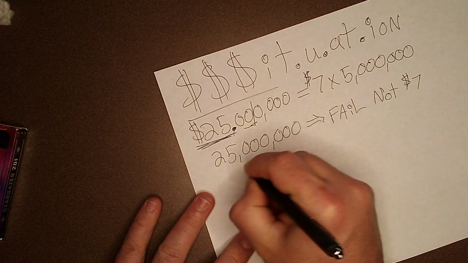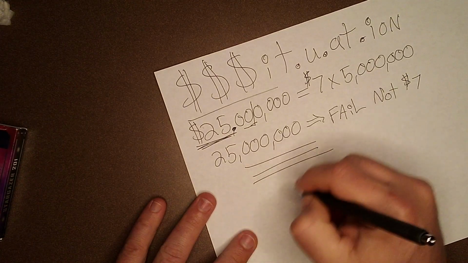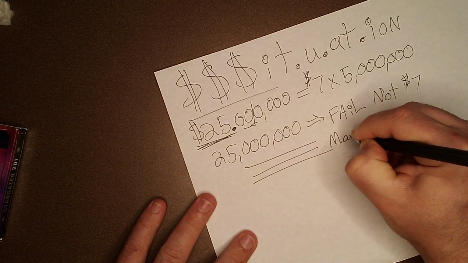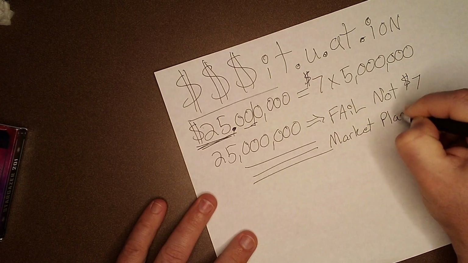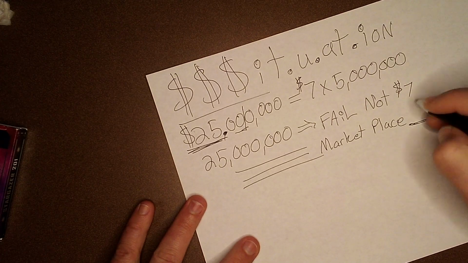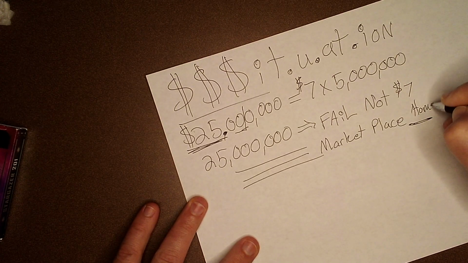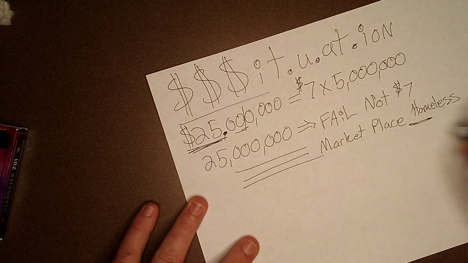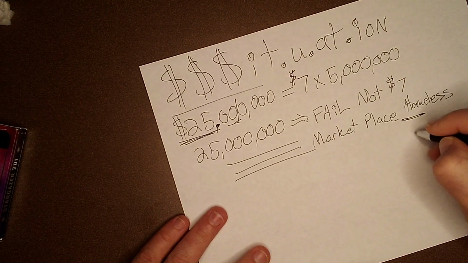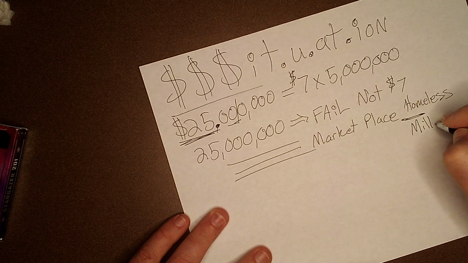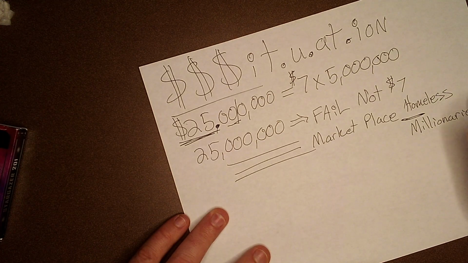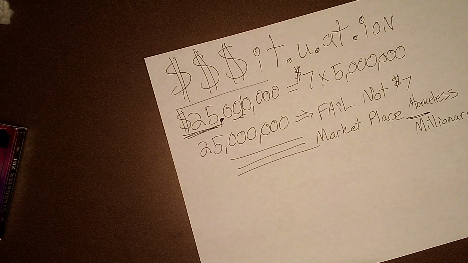All right, even though he's done the steps, he's checked the marketplace, he knows his clientele from homelessness to millionaires from my childhood. Okay. I was trying to write fairies there for some reason.